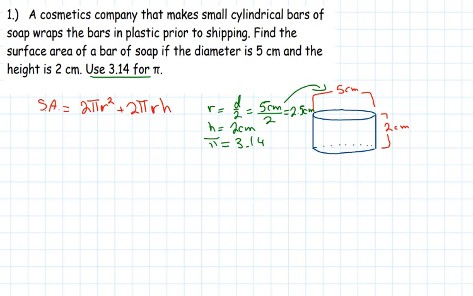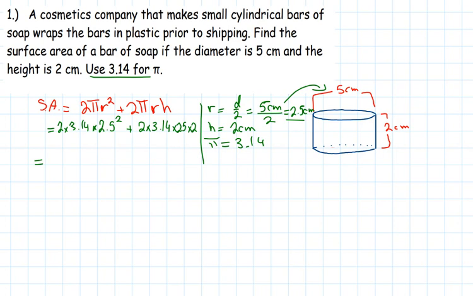So this would be 2 times 3.14 times r, the radius, which we found to be 2.5, squared, plus 2 times 3.14 times 2.5 times 2 for the height. Okay, now you can use a calculator here.